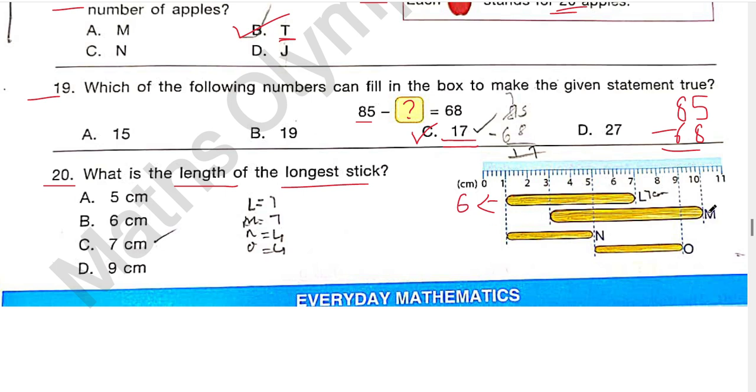M, the length is 10 minus 3, that is 7 centimeter. For stick N it is 5 minus 1, that is 4 centimeter. And for stick O, the last one, the length is 9 minus 5, that is 4 centimeters. So we can see the length of stick M is the longest, that is 7 centimeter, which is here in option C. We should select option C here.